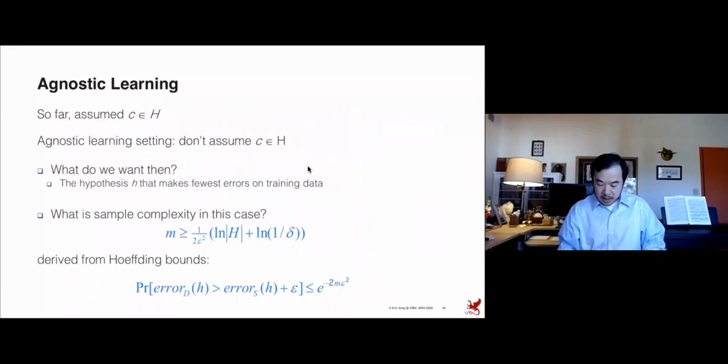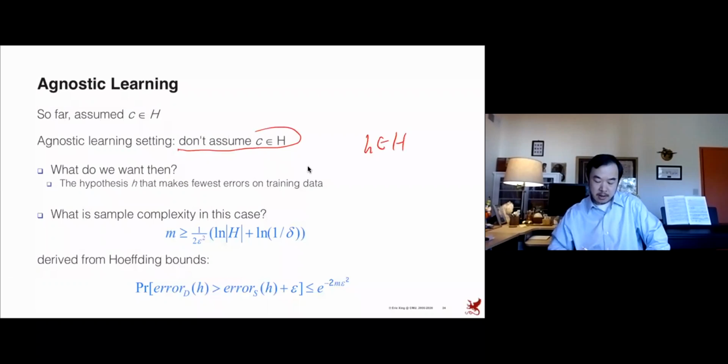I'm going to move a little faster on the more challenging scenario of agnostic learning. In agnostic learning, we basically drop the assumption that C, the labeling function, is within the hypothesis space. That means that if you use a hypothesis inside H, it may make mistakes, right?